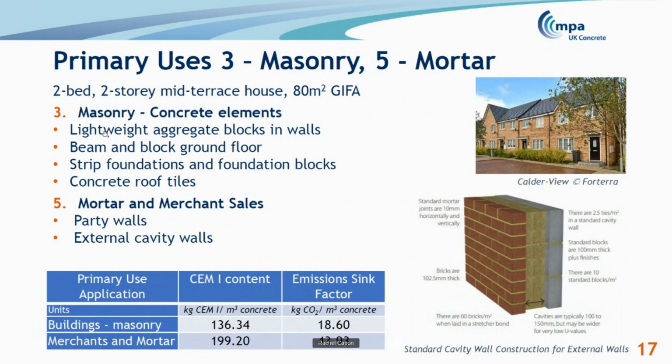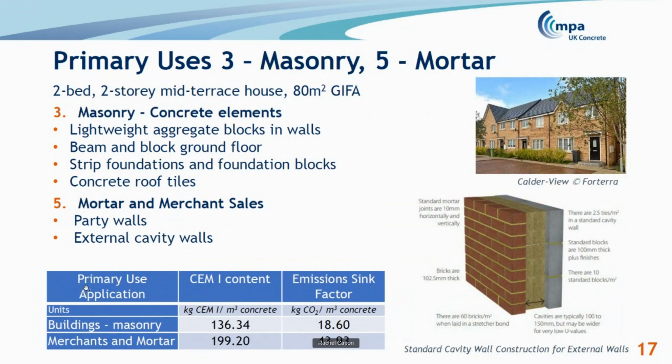These are lightweight aggregate blocks in the walls, both the external walls and the party walls. There's also some carbonation which will take place in the beam and block ground floor, in the strip foundations and the foundation blocks, and also the concrete roof tiles. We're also using the same case study prototype to model the carbonation of mortar in the party walls and the external cavity walls.